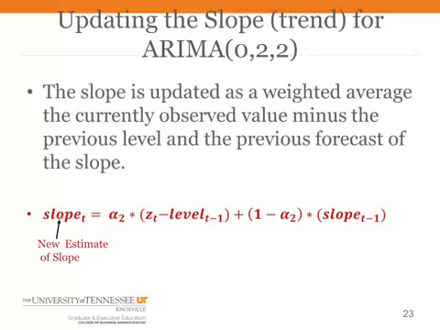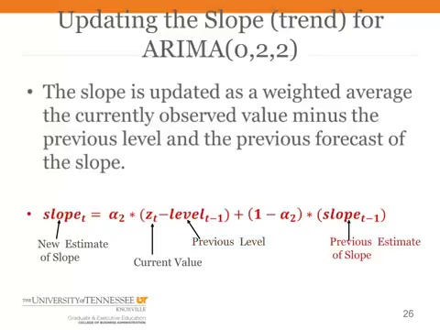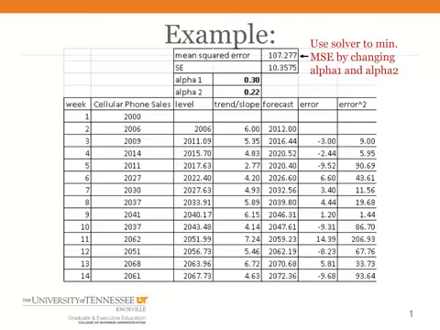And that gets weighted by alpha 2, and 1 minus alpha 2 is the weight that you place on your old slope. So updating your process involves using the current value, the previously estimated level of the process, and the estimated value of the slope from the previous time period.